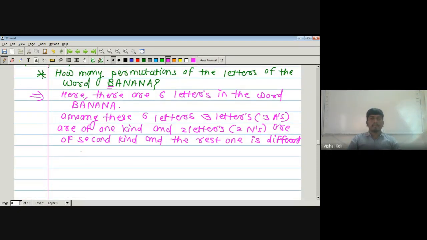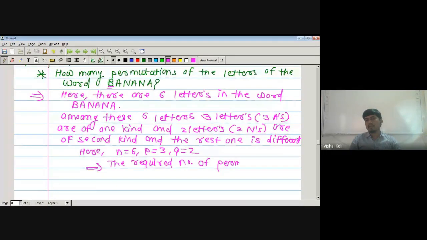So from the above result, n is equal to 6, p equal to 3, and q equal to 2, which implies the required number of permutations is equal to n factorial, that is 6 factorial, divided by p factorial into q factorial, that is 3 factorial into 2 factorial.